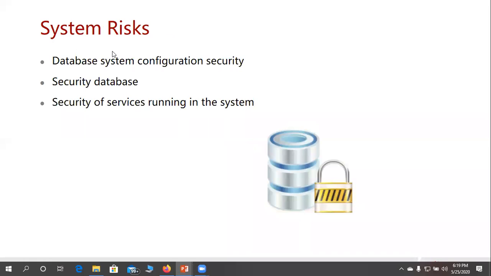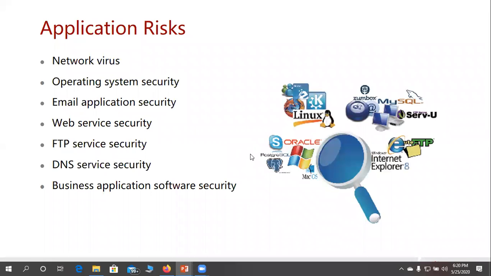System risks. This is where we talk about database system configuration security, security of services running in the system. And then with application risks, this is where we talk about network viruses. We have to look at operating system security. What do we do here?